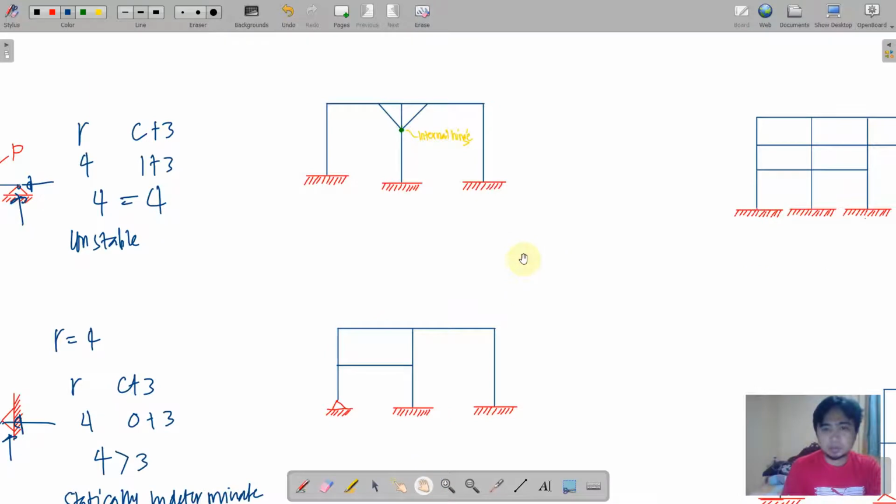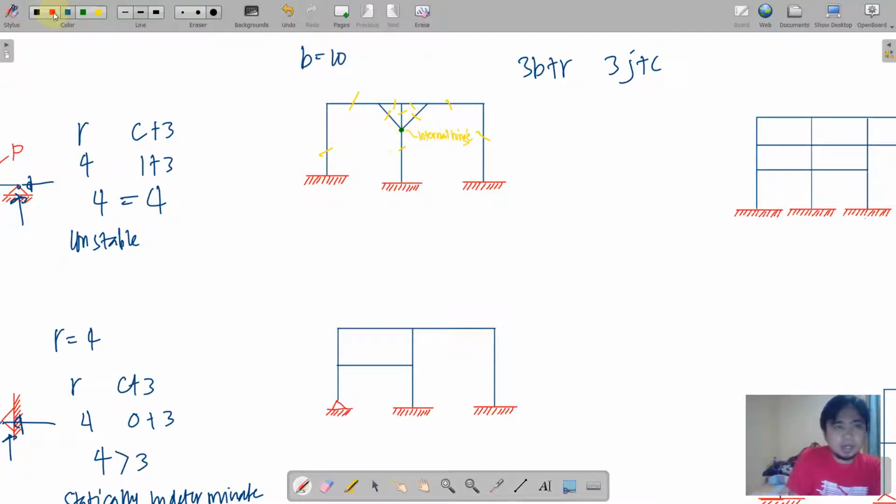Okay. So the next problem is a frame. So remember that we are going to have a criteria comparing 3B plus R and 3J plus C. So here we have to count the number of bars. So 1, 2, 3, 4, 5, 6, 7, 8, 9, 10. So all in all, we have B is equal to 10.